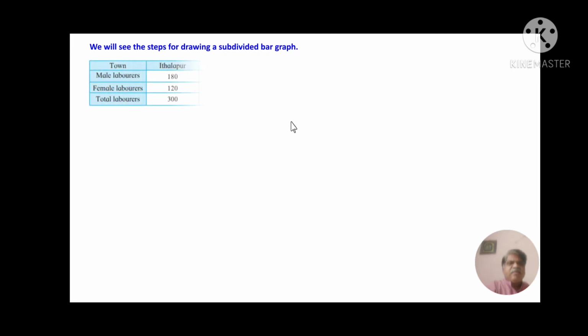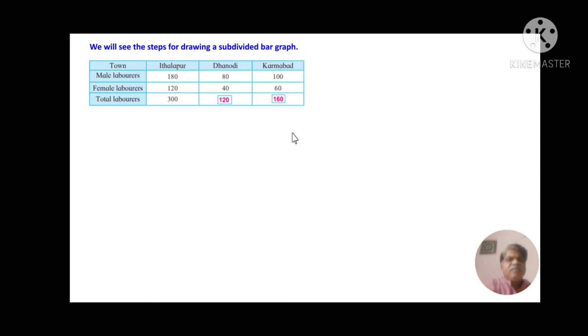Here, we can see a table where towns are given: Idlapur, Dhanodi, and Karmabad. Male laborers and female laborers are given. The total laborers in the two columns we have to find out, which has been shown with a different color.